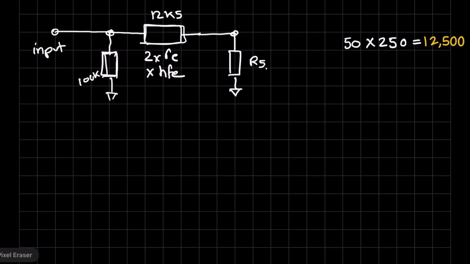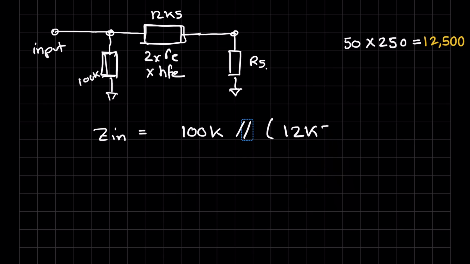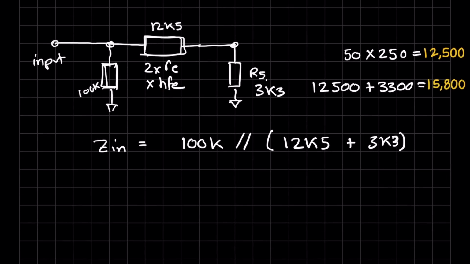So the input impedance, Zin, becomes 100K in parallel with the 12K5 resistor plus the 3K3 resistor that's over here. So 12,500 plus 3,300 is equal to 15,800.